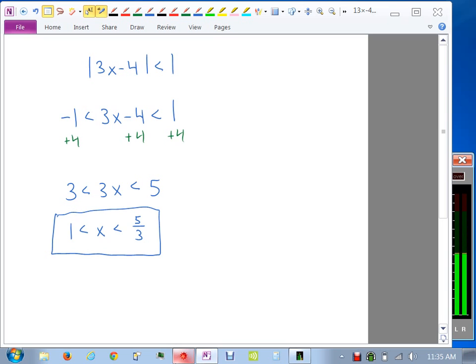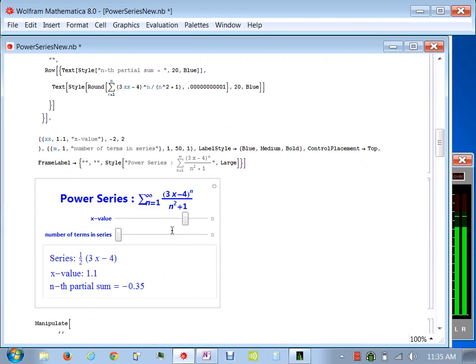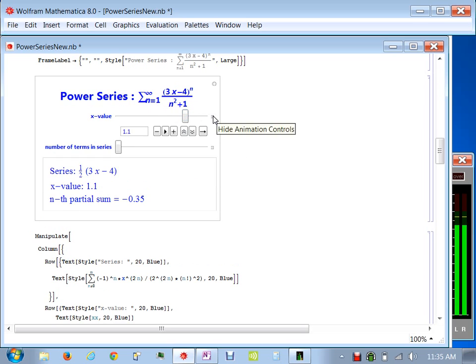Okay, so I think we do one more example. I might skip that example. We'll see. All right, so here was that problem we just did. Okay, so same sort of thing. I have it set up here. Let's pick an x value between 1 and 5/3.